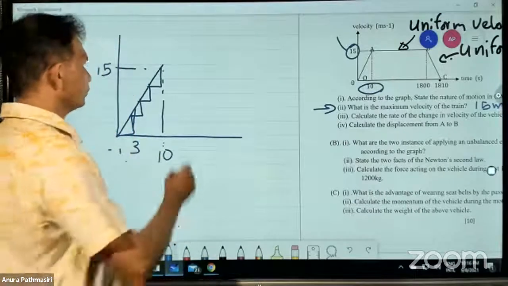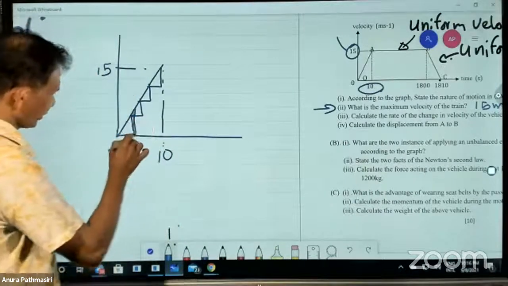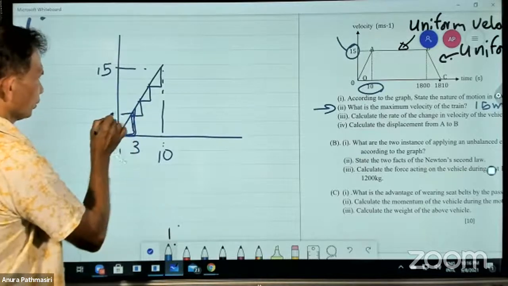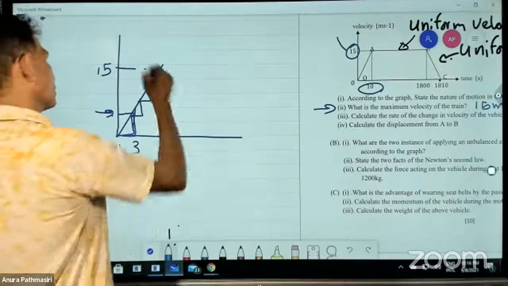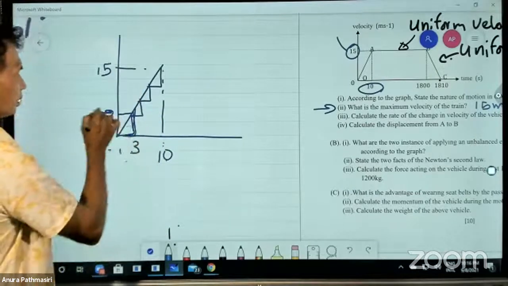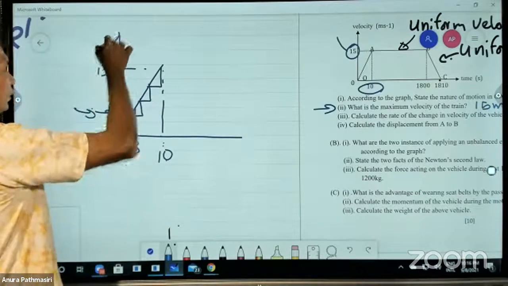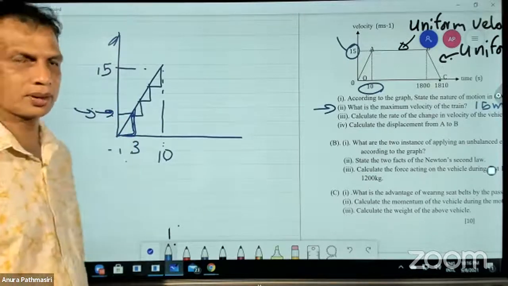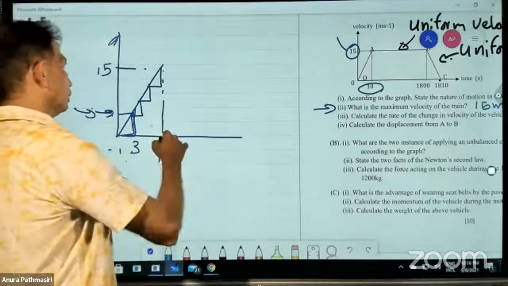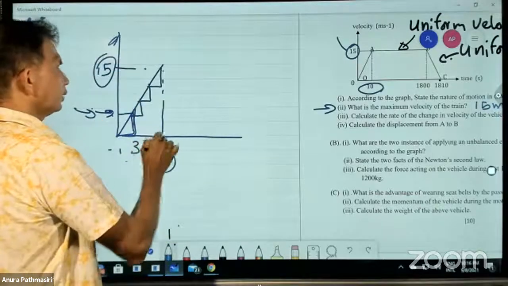So if you say 3, then we don't know what value is here. 10 is 15, but we don't know when it is 3, what the velocity is by that time. Therefore, you may take the whole 15 and 10.